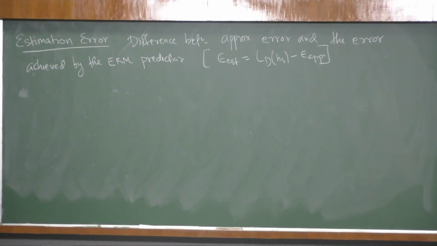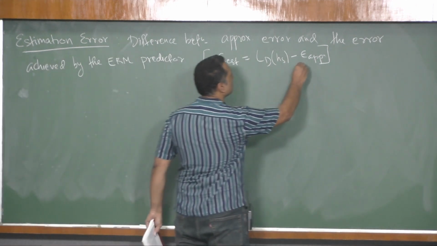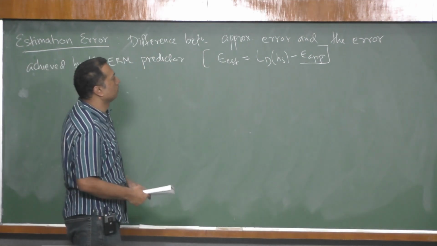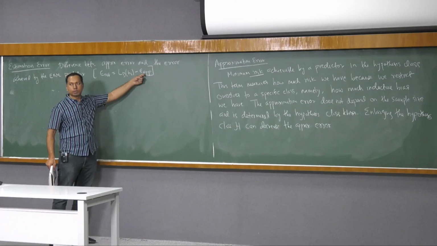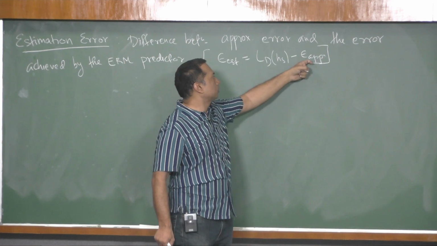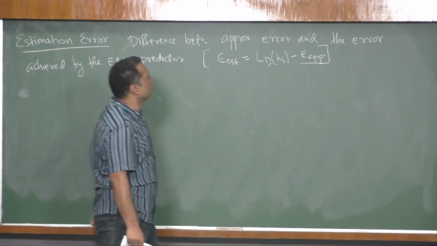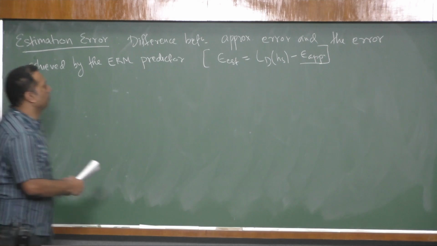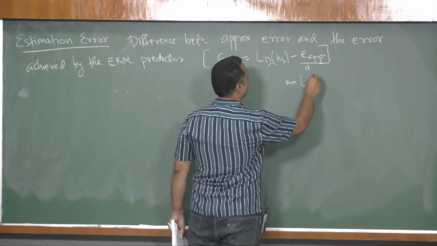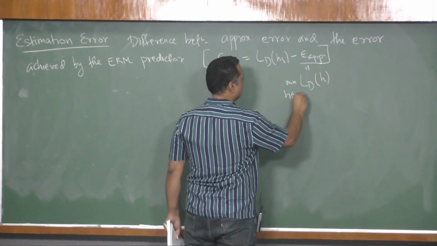So this is the difference between the approximation error, which we defined as the minimum of L_D(h), where h comes from the capital H, and the error of the ERM predictor.